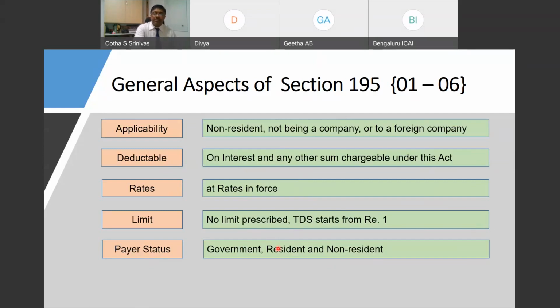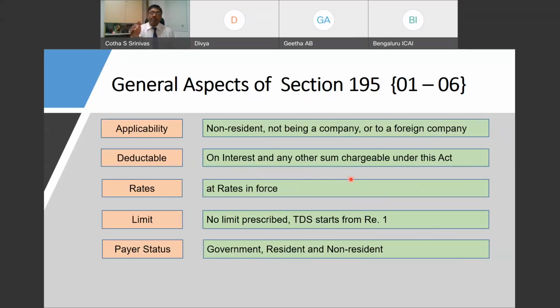There are various types and categories of income, both under section 9 and if you see the DTA, various heads of income are there. Whenever a resident is making payments to a non-resident towards interest, fees for technical services and royalty, and those services are utilized by the resident for setting up a business or doing a profession outside India, then that particular amount will not be subject to TDS.